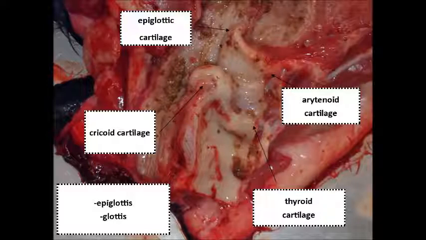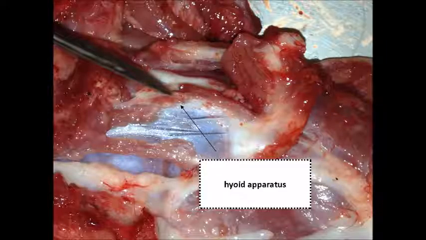Arytenoid cartilages are paired, irregular in shape, and are found at the top of the larynx. The cricoid cartilage articulates with the thyroid cartilage and the arytenoid cartilage and attaches to the first cartilaginous ring of the trachea. The hyoid apparatus can be found between the calf's mandible and is connected to the styloid process of the temporal bones.